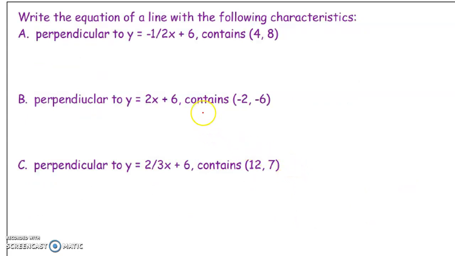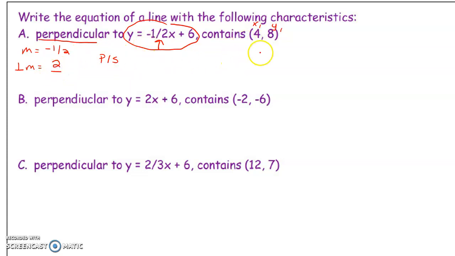Okay, now I am given a line, which tells me what slope I'm looking at, and I have a given point. This is my x1 and my y1, and I want to be perpendicular. So my given slope is -1/2. My perpendicular slope would be a +2. So I'm going to start with point slope form because I have a point and I've got a slope.